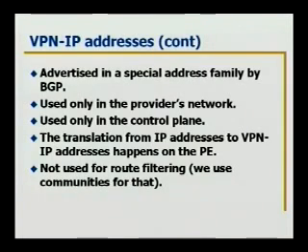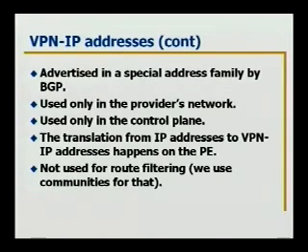This new address type, which is called the VPN IP address, is advertised in a special address family by BGP and is used only inside the provider's network and only in the control plane. There is no forwarding based on these special addresses. The translation between a normal IP address and the VPN IP address happens on the PE. The customer doesn't know anything about these addresses and never cares about them.